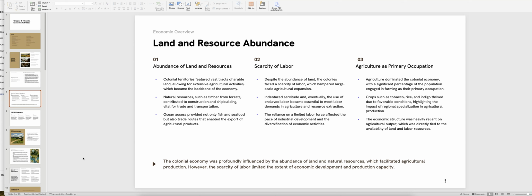I mean, for as few people as lived in the New World, there weren't enough people to kind of appreciate the vastness of the land. Every colonist wanted to own land, and the land did seem limitless.